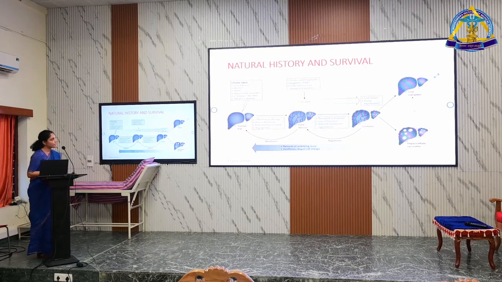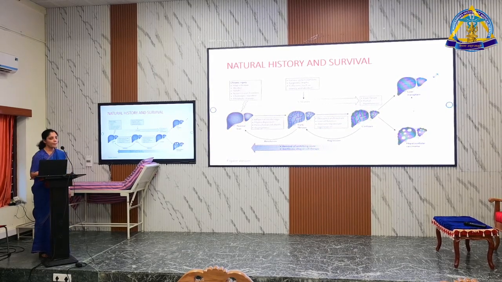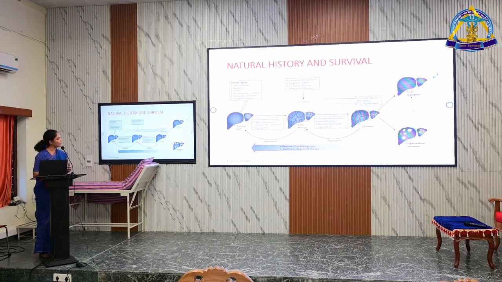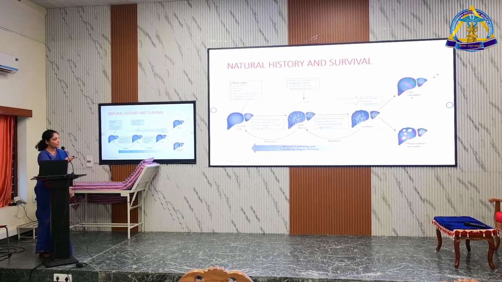So, what's the natural history of cirrhosis? As we said, there is definitely a chronic injury that's happening. So, there is a chronic inflammation due to different inciting events such as viral infection, alcohol, NASH, autoimmune disorders or cholestatic disorders, which will convert the normal liver. Due to this inflammatory damage and matrix deposition, it goes in for an early fibrosis.